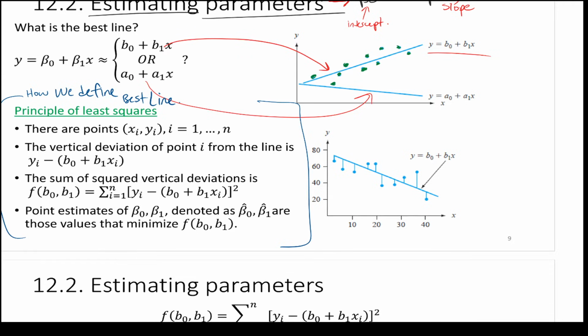So we're going to define best line to mean the line that minimizes the sum of the squares of the error from the data to the line.